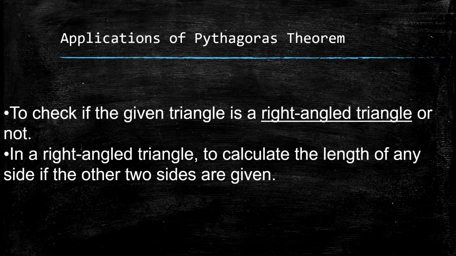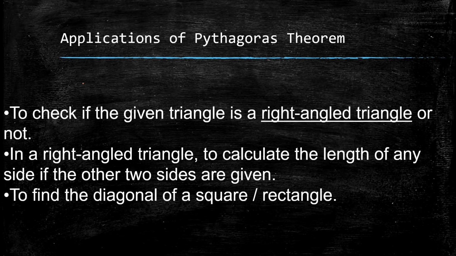Also, to find the length of the unknown side if two sides are given in a right angled triangle. You can always find the third side. It is also used to find the diagonal of a square or rectangle. We would be covering an example of each of these applications in the next video.